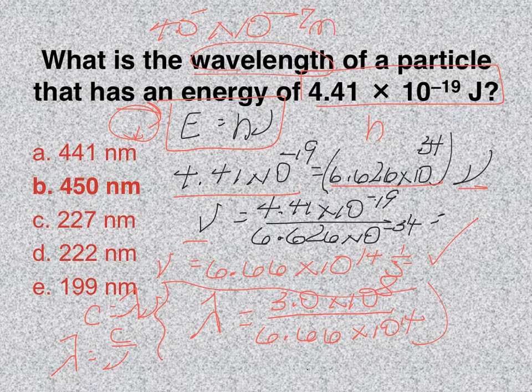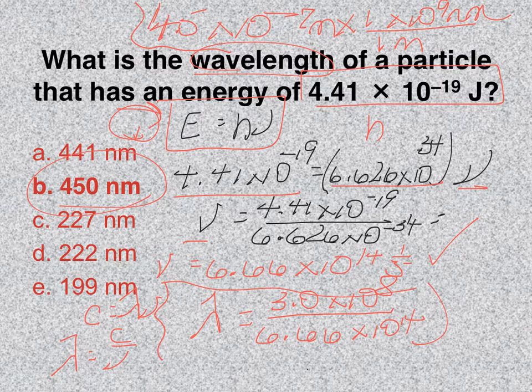Now remember, you get meters out of these equations. Okay, so now we have to convert to nanometers. So 1 meter equals 1 times 10 to the 9th nanometers, which means our answer is 450 nanometers.